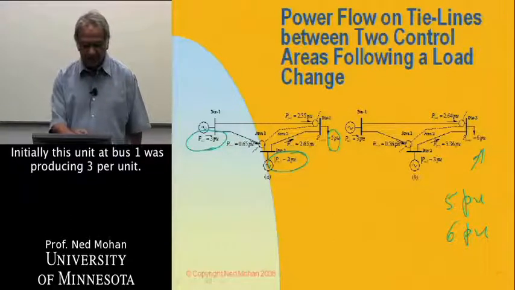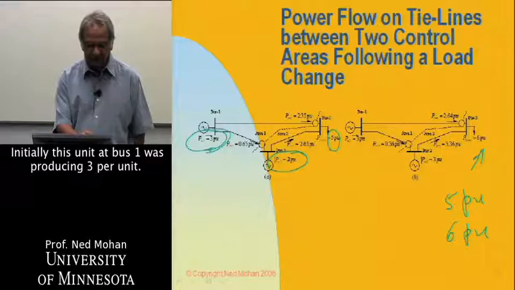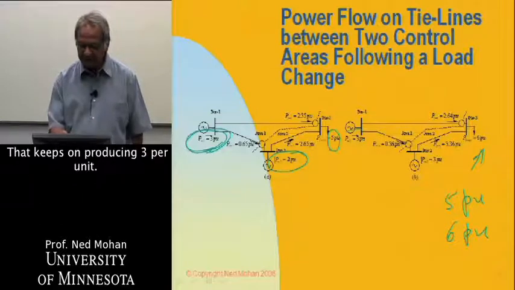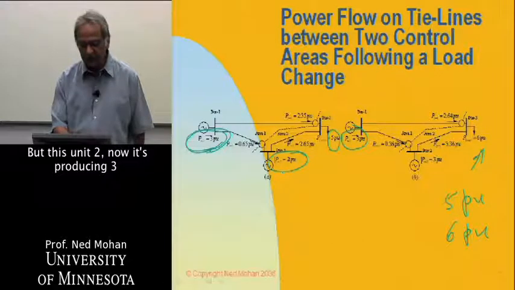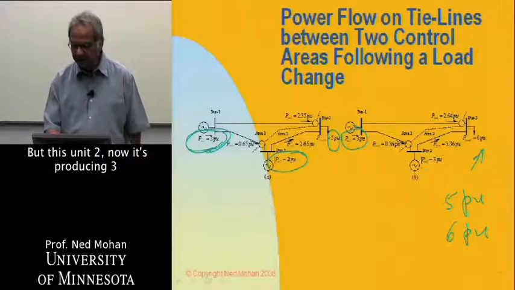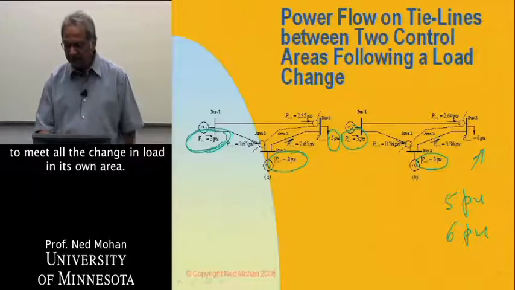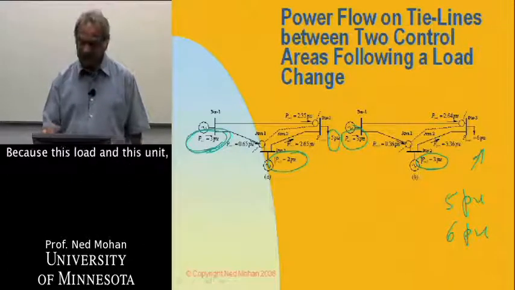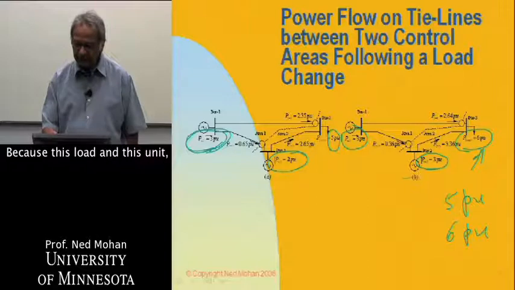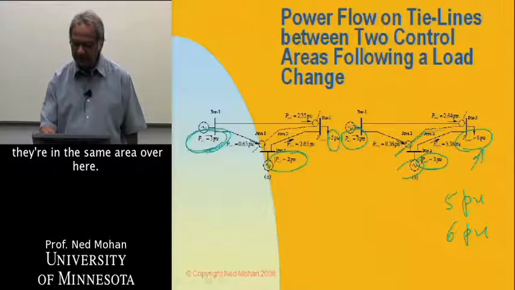Initially, this unit at bus 1 was producing 3 per unit. That keeps on producing 3 per unit. But unit 2 is now producing 3 to meet all the change in load in its own area, because this load and this unit are in the same area, right?